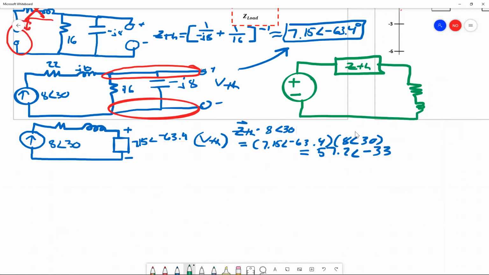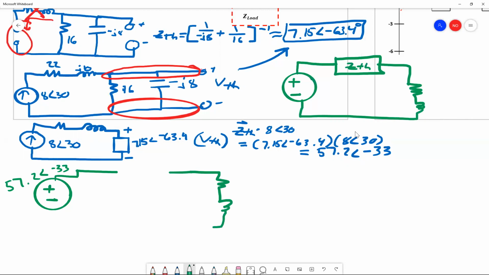Your teacher may want it this way, where you draw your source. Remember, your source voltage is V Thevenin, which in this case is 57.2 at an angle of -33. And then we'll have our Z Thevenin, and we'll have the load, which was a resistor and an inductor.